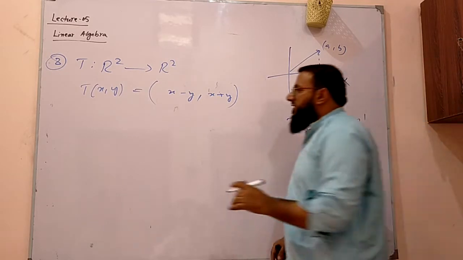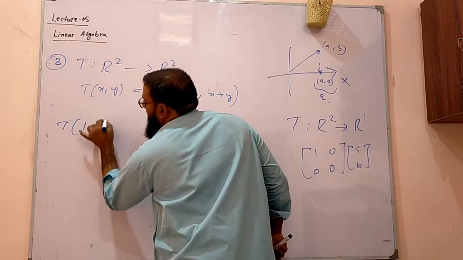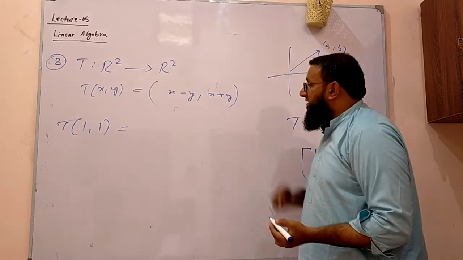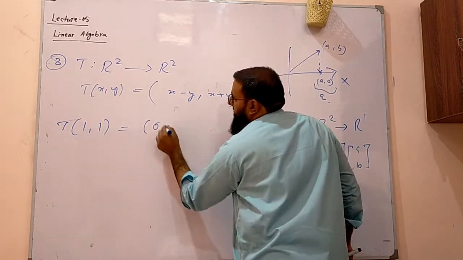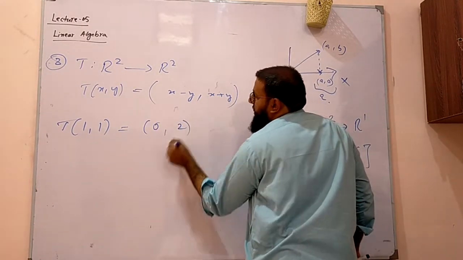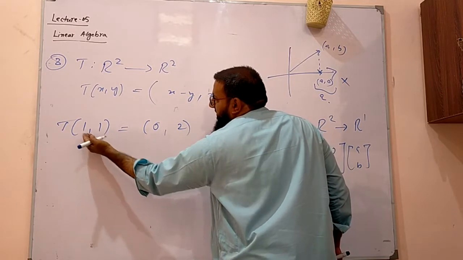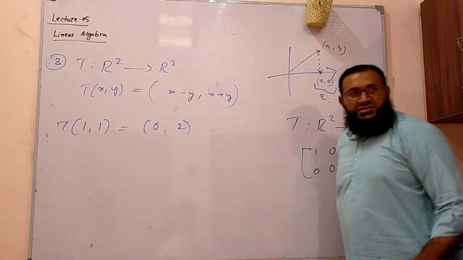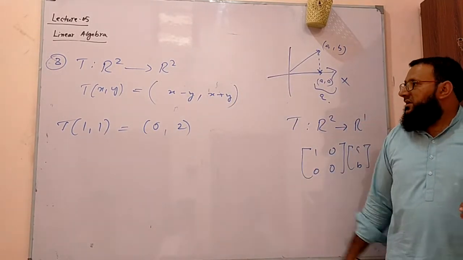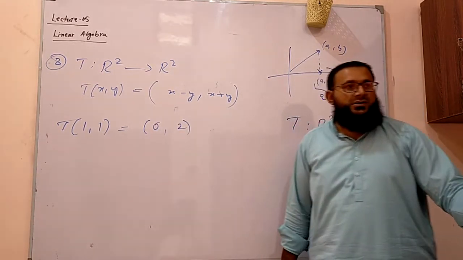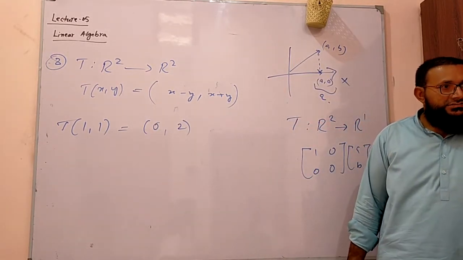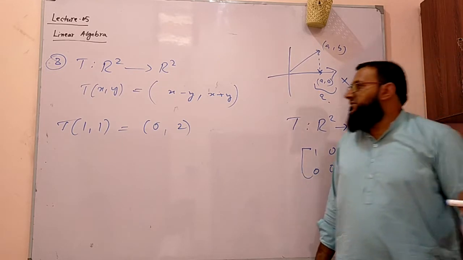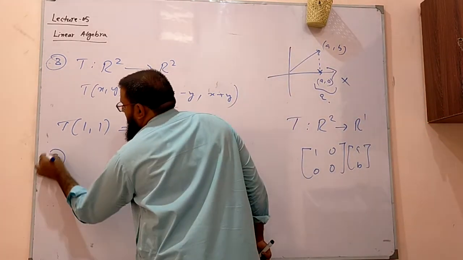If I ask you what is the transformation of (1,1), you will put (1,1) here: 1 minus 1 is 0, and 1 plus 1 is 2. So your transformation of the vector (1,1) is going to be (0,2). This is an example. My question is, is this linear or not? You can check whether this is linear or not, but I am going to tell you how you can check readily.